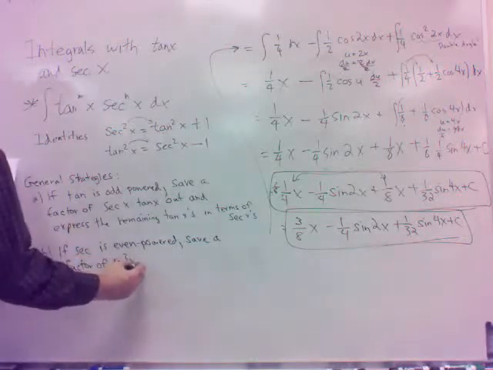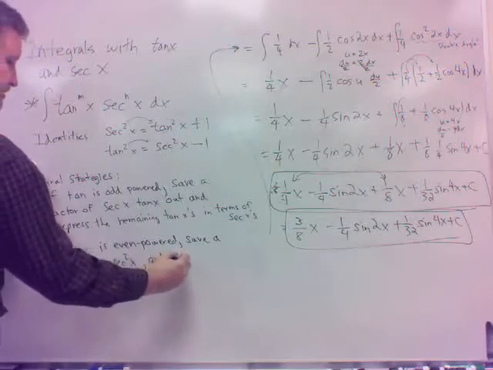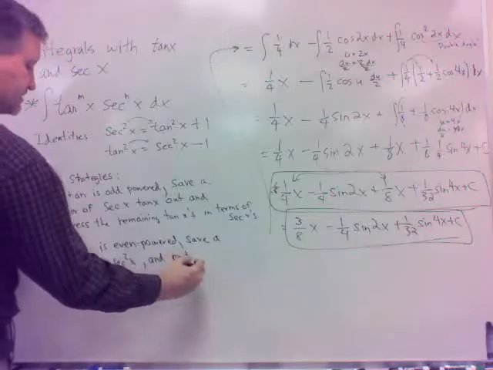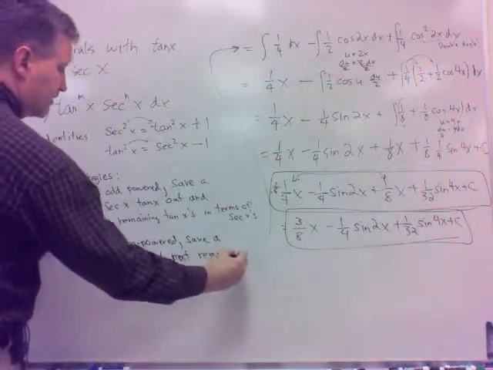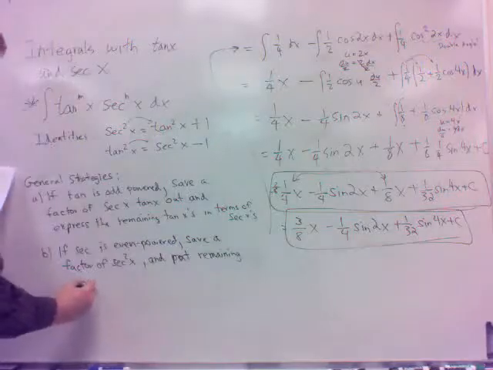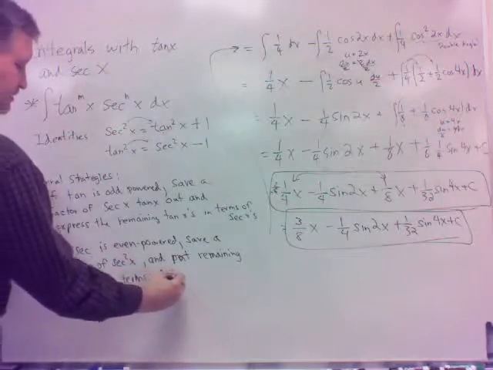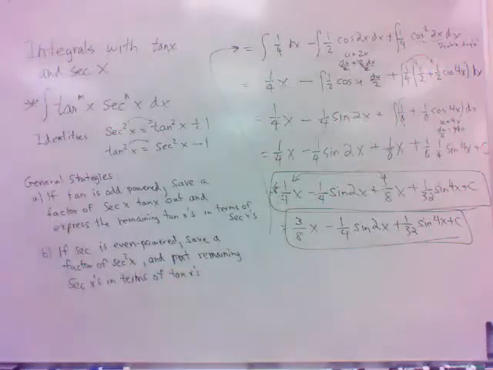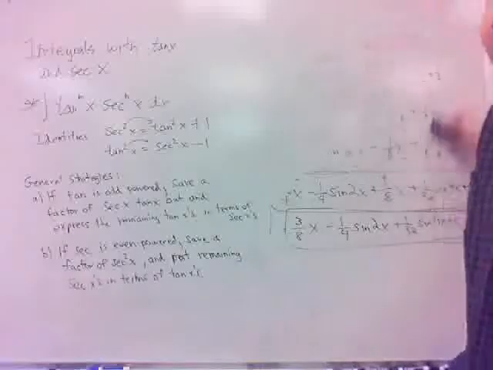But anyway, save a factor of secant squared and express the remaining secants in terms of tangents. And then we'll use u substitution like we did, which may not make a whole lot of sense right now, but hopefully it will, somewhat.